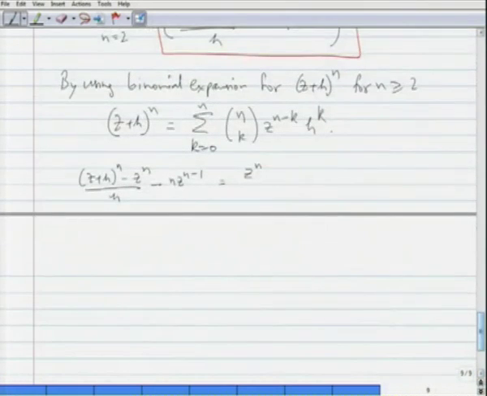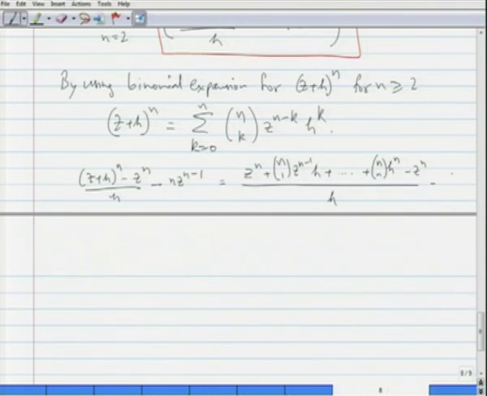This is equal to z power n plus n choose 1 z power n minus 1 h, etcetera, plus so on until n choose n h power n, minus z power n in the numerator, divided by h, minus n z power n minus 1.